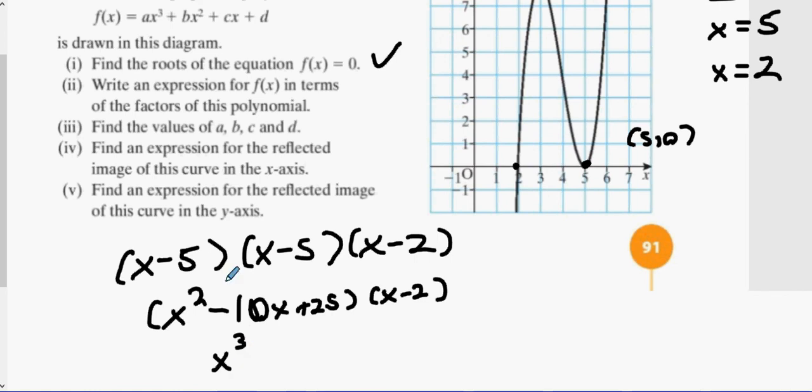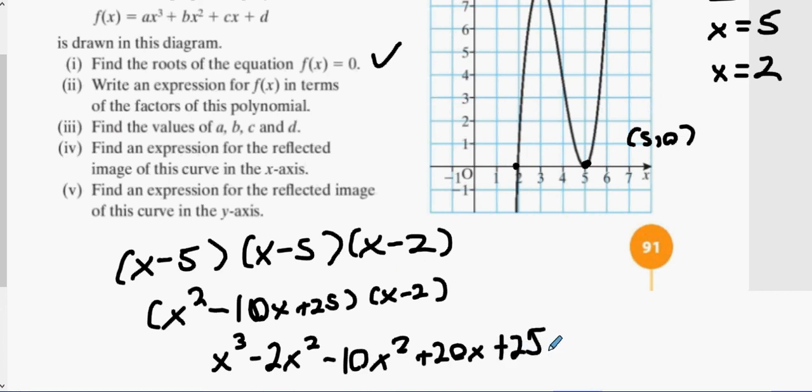X cubed minus 2x squared minus 10x squared plus 20x plus 25x. Then after that, minus 50.